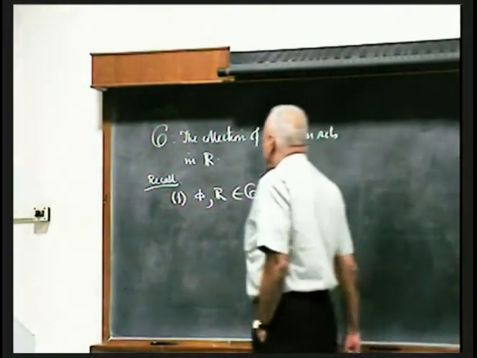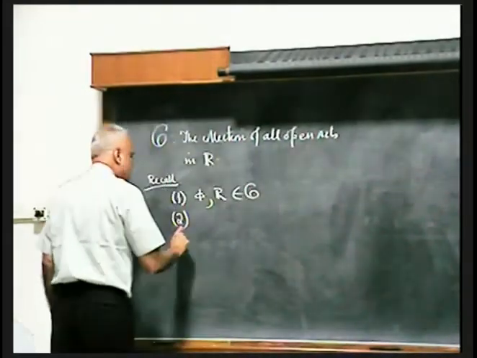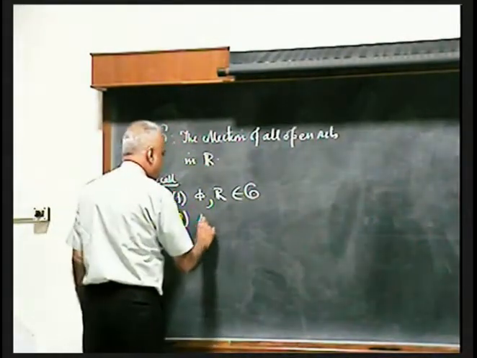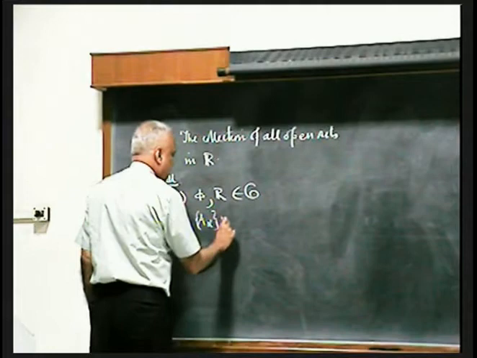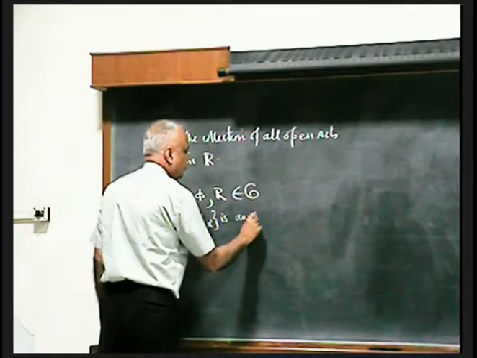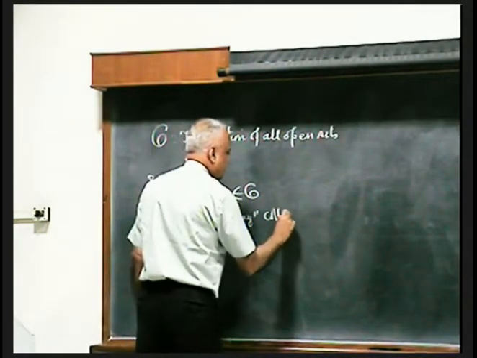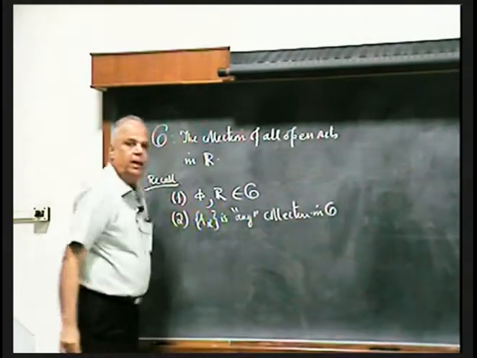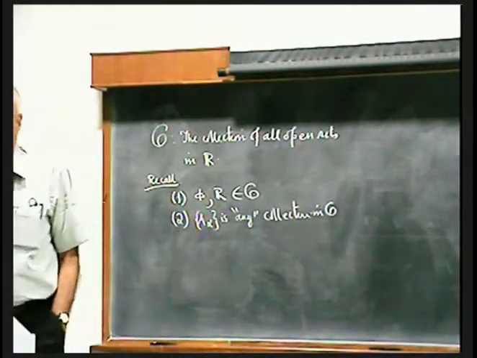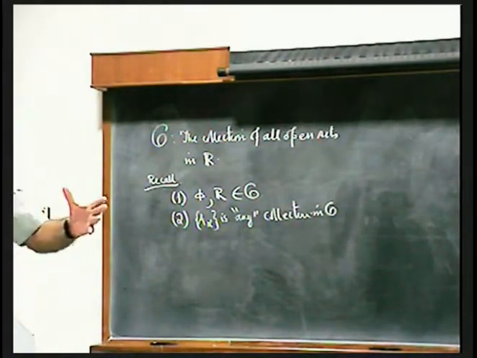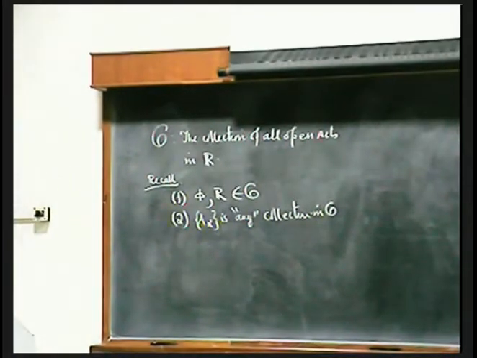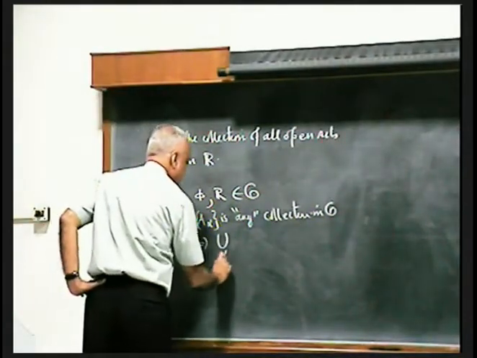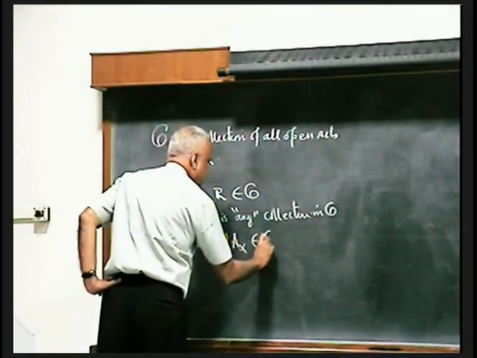And the open sets were nicely closed with respect to unions. That is, if A alpha is any collection in O, and when I say any collection, it may be finite, it may be a sequence, or it may be uncountably infinite also, then their union is also an open set.